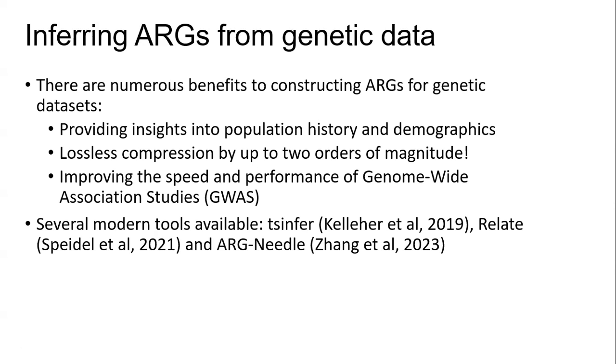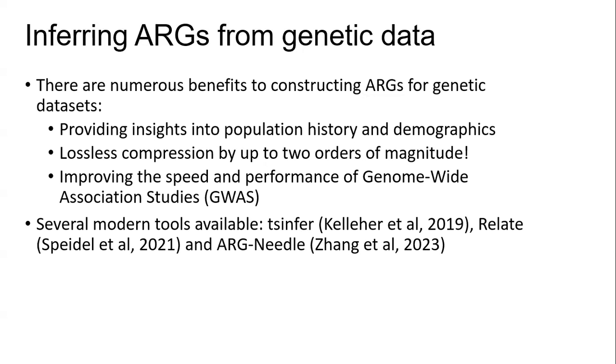So you're trying to predict, given these mutations, will this person be taller? Will this person get cancer? If you infer ARGs and then do this regression, you can save an enormous amount of computation time. This is a very new line of research, but it's proving to be very promising.